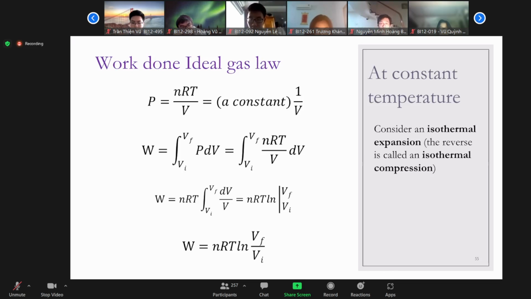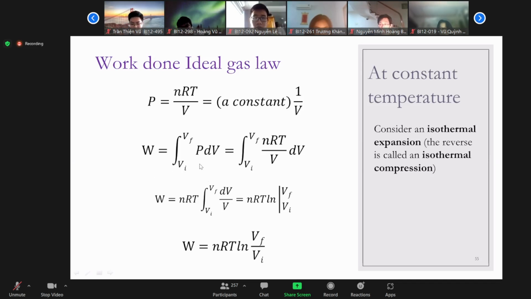Okay. Last time we saw that this formula is always true. It's true for any case, any process. The total work done by any process equals the integral of PdV. So we use it when we know the change of the volume.